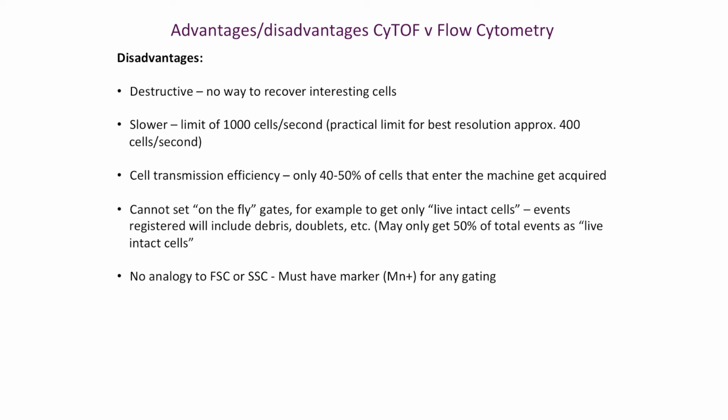Also, a major hiccup is the cell transmission efficiency, because you may lose half of the cells that you introduce inside the CyTOF. You cannot set gates. Actually, you completely lose your forward and side scatter from flow cytometry. This can give you some trouble in identifying your live intact cells, especially if you are looking at tissue digests.